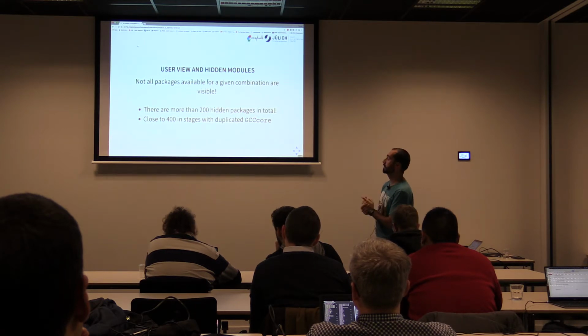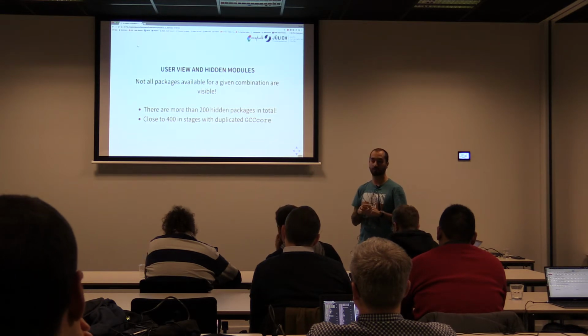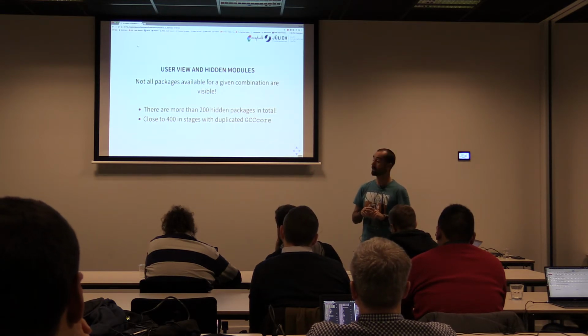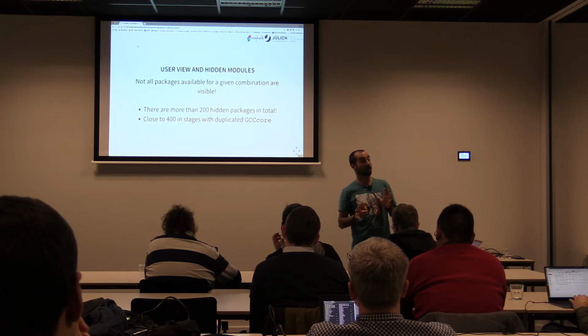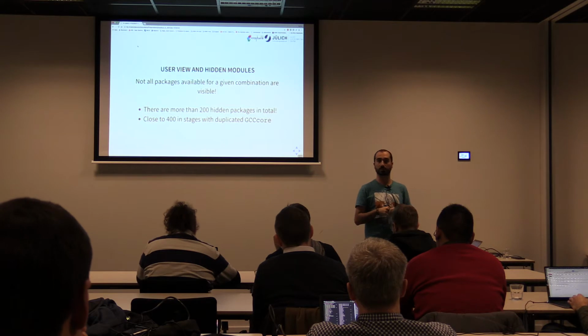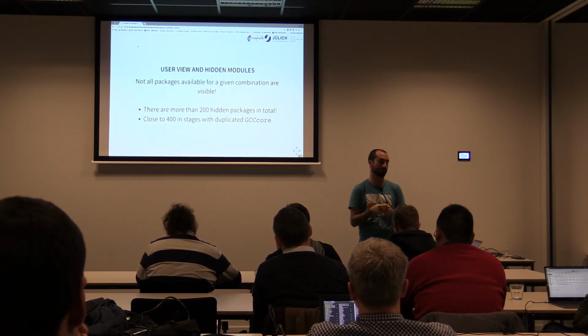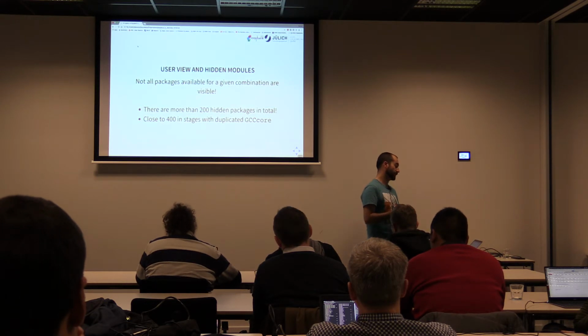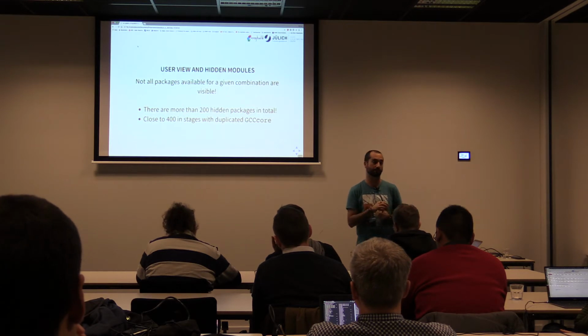I was mentioning before as well that we use hidden modules extensively. There's roughly 200 hidden modules, or there were roughly 200 hidden modules, in stages where you have 2 GCCcores. You can get to 400. That was before we were using the bundle for X11, so now it might be a little bit less, but it's still a very significant number of hidden modules.